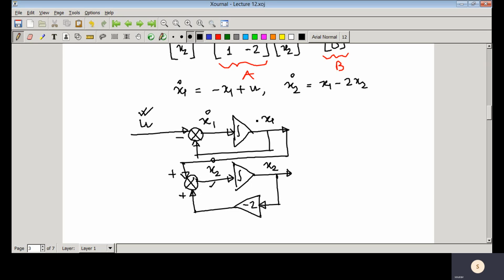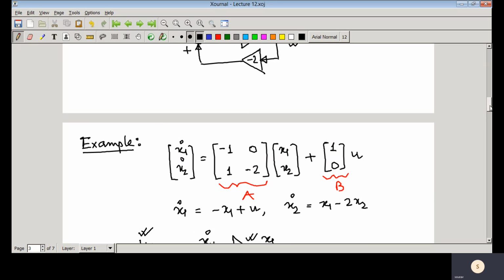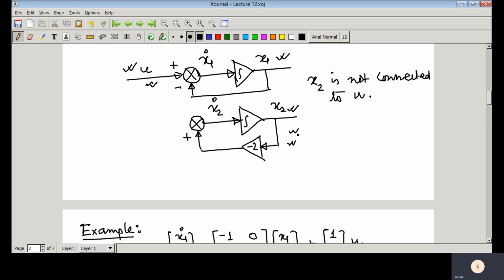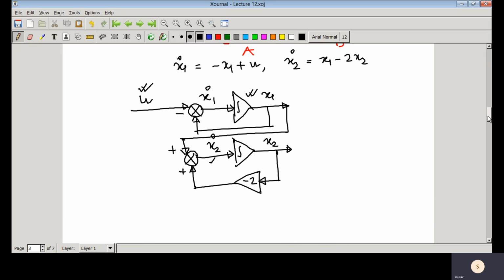So it can drive this x1 because it is directly connected to x1. If you see the other state diagram, in that case x2 was isolated, but here you can drive this x2 via x1, because if you want to control x2, first you need to control x1 and then it is transmitted to the x2 state.